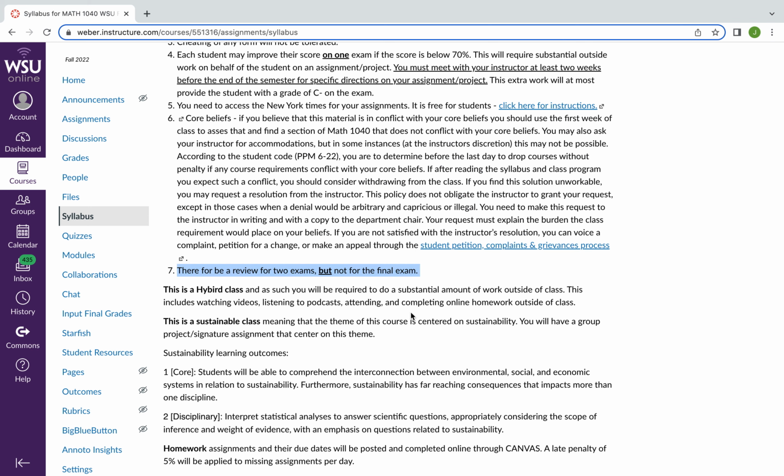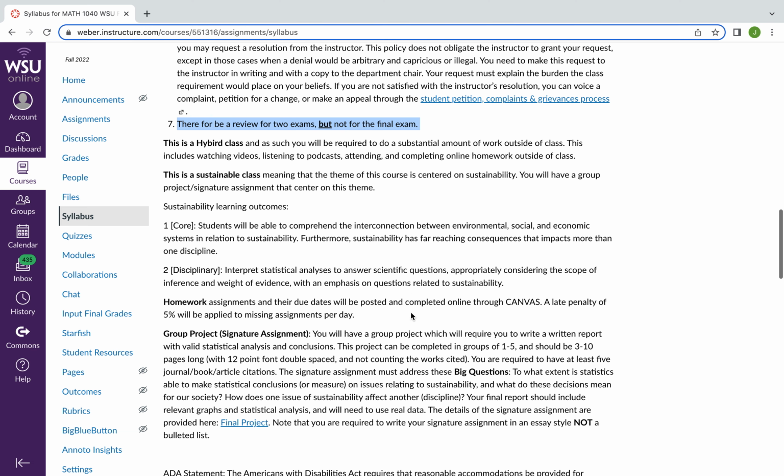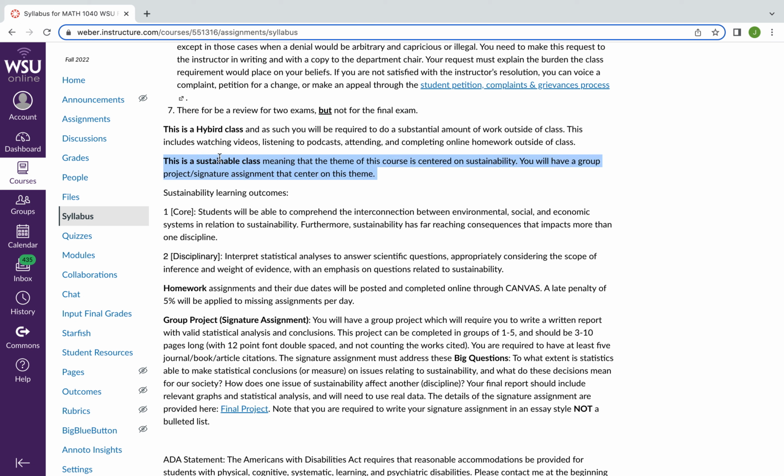I've covered this point, but I think it's an important one. Okay. This is a sustainable class, meaning that topics in this class are going to be centered around issues of sustainability. Okay. And there are some learning outcomes for sustainability.